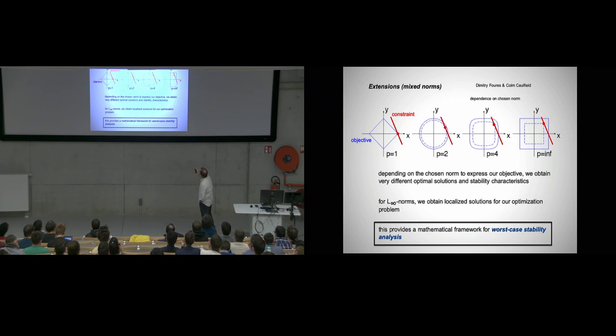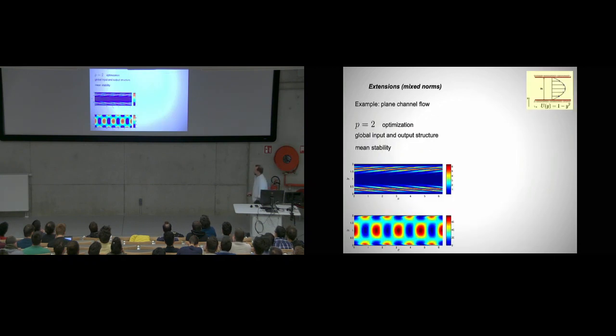That line is always the same because the equation is always the same. But the objective is the closeness to the origin, and that depends on how we measure closeness. If you use a P1 norm, this is the optimal solution. If you use a 2 norm, this is the optimal solution. And if you use an infinity norm, this solution is optimal. So you have a solution, but it slides up and down your admissible space.